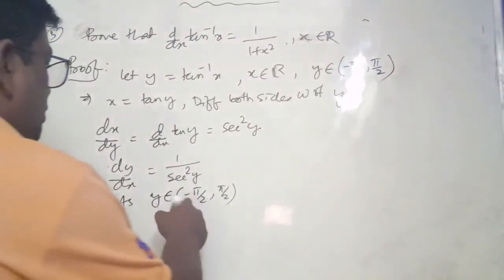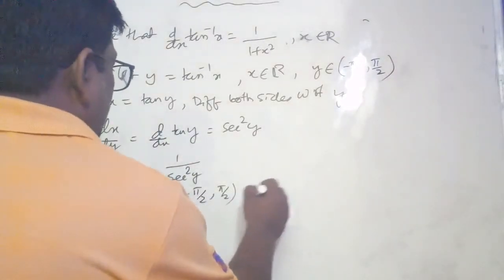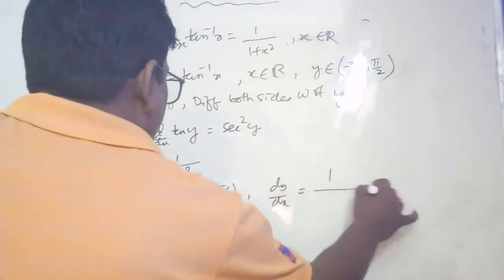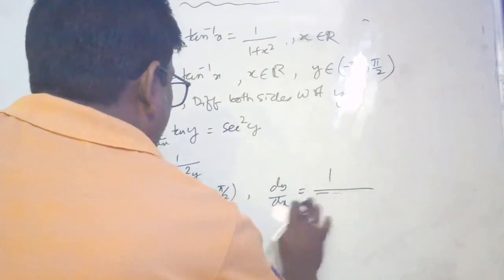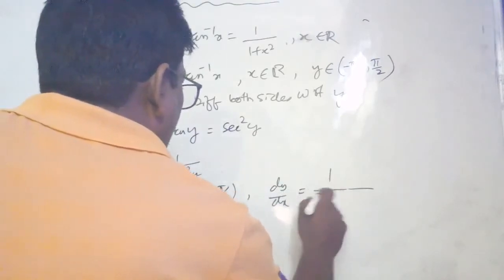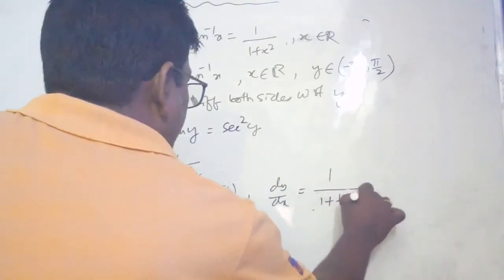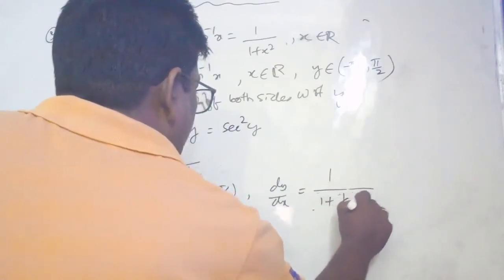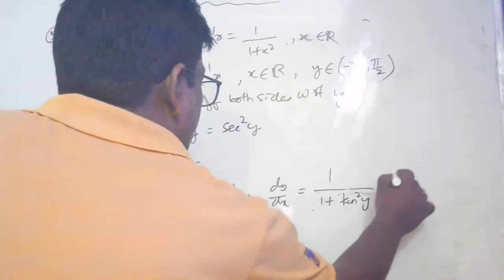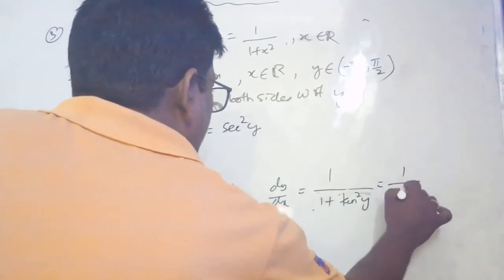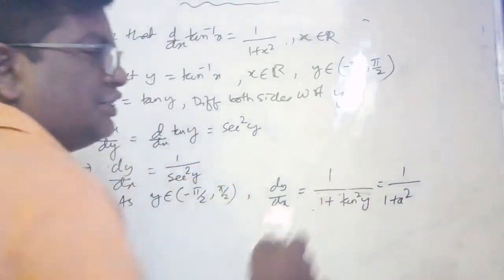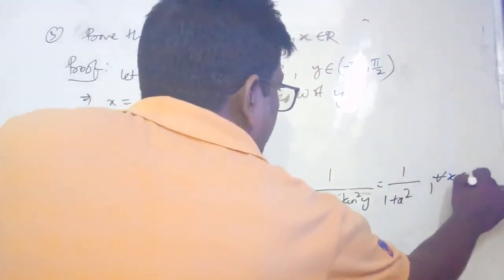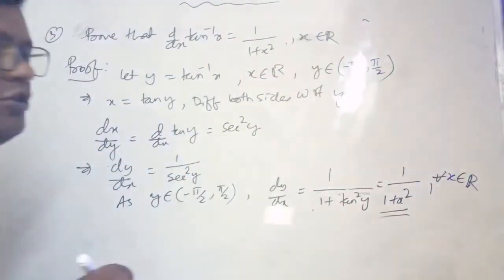As y belongs to minus pi by 2 to pi by 2, then dy by dx is equal to 1 by 1 plus tan square y, that is equal to 1 by 1 plus x square. This cannot be 0 for all x belongs to R, because it cannot be 0.